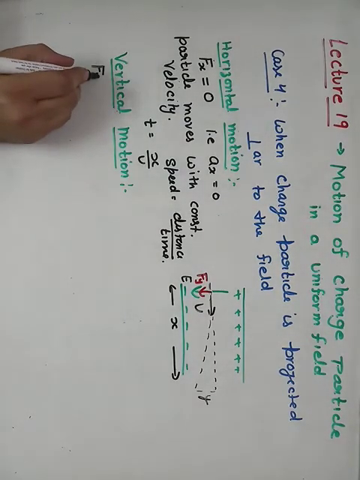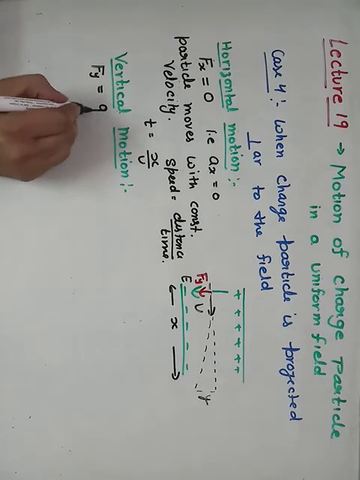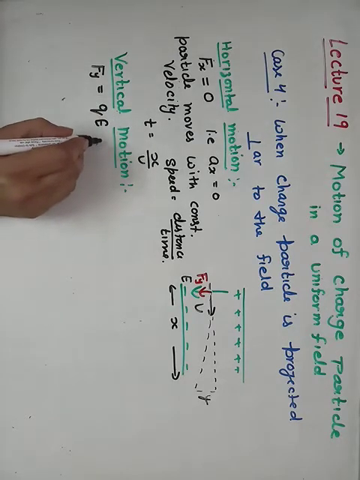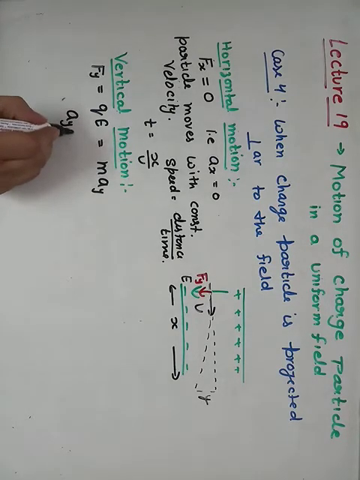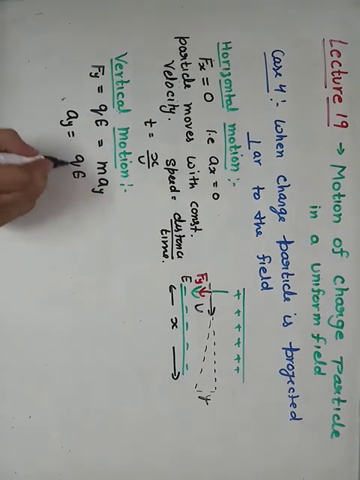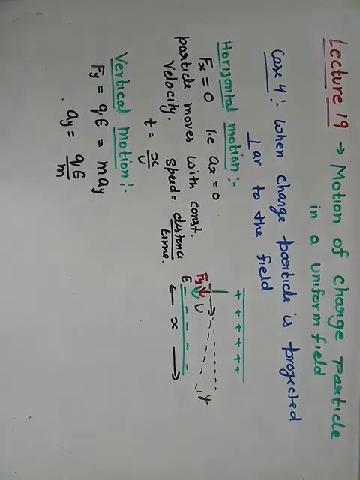What is Fy? Fy is QE, which is equal to m ay, and the acceleration along the y direction is given as QE by m.